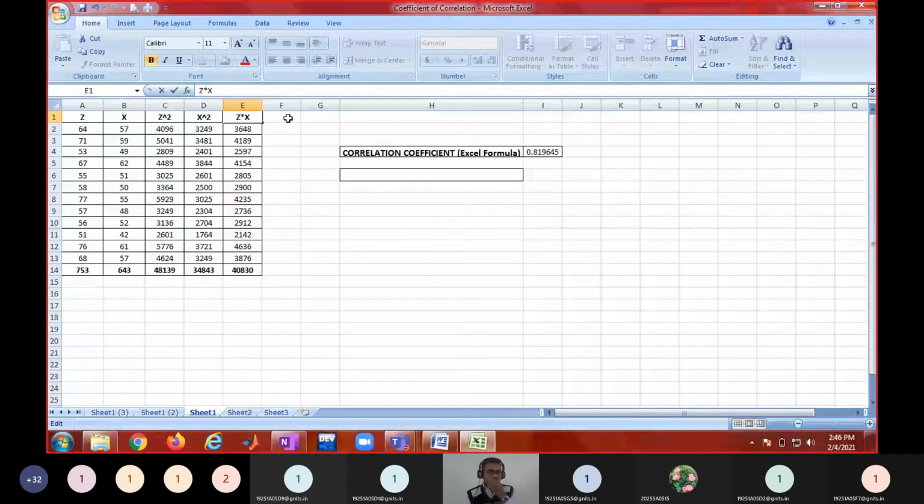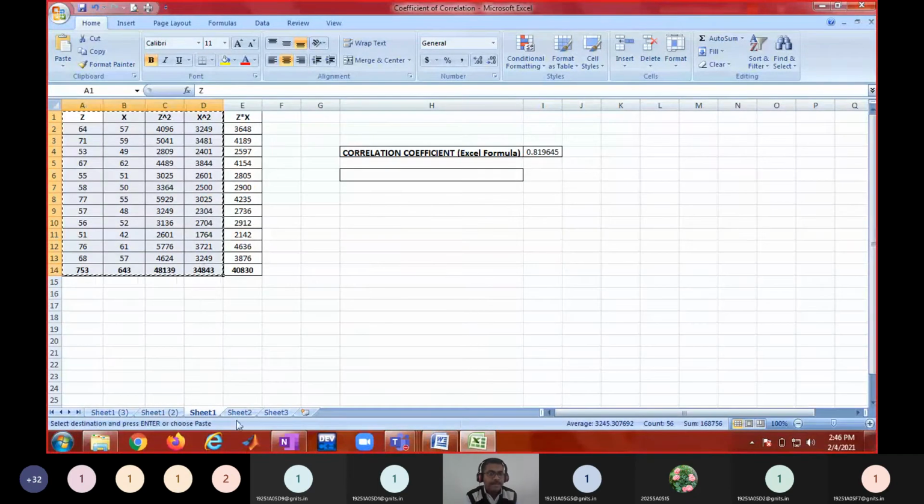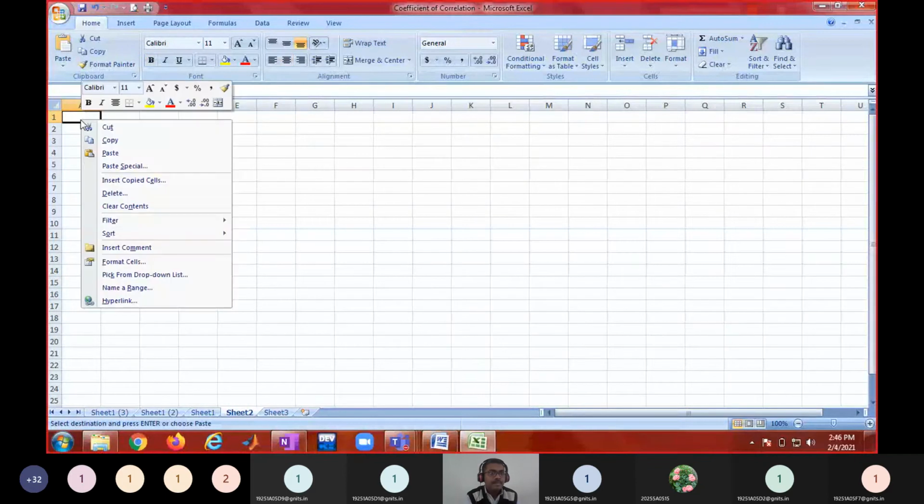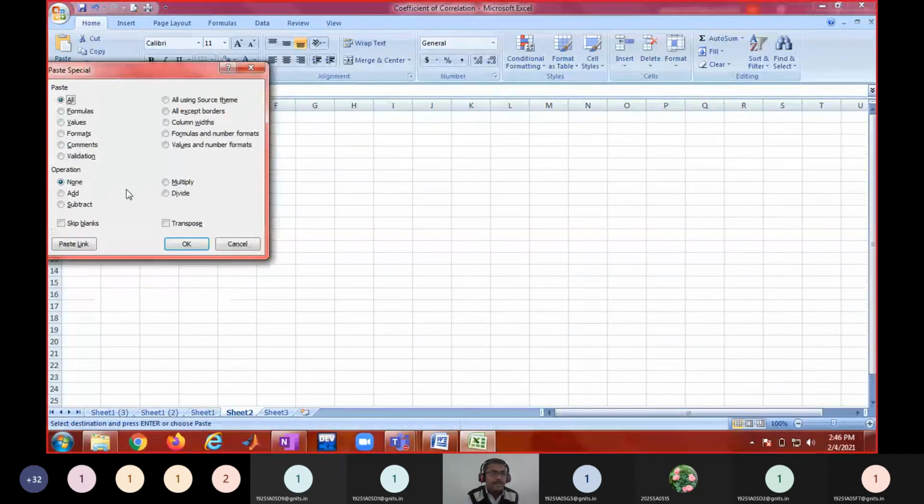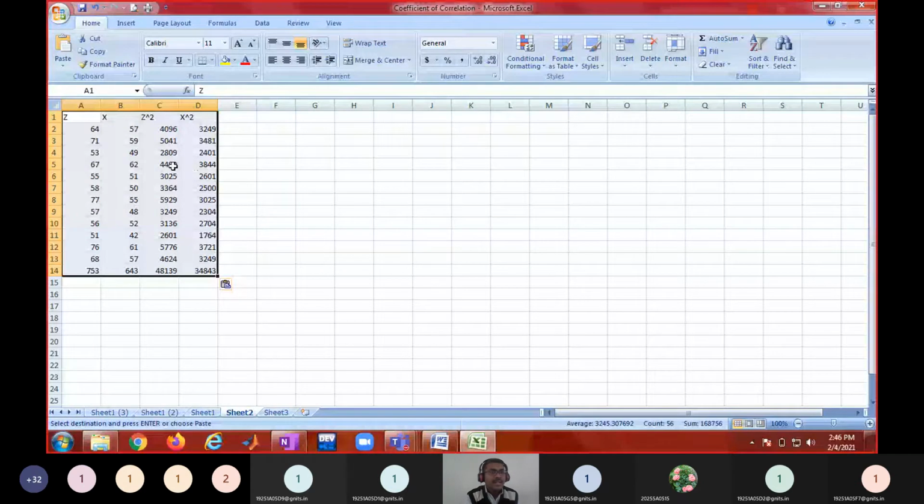Okay. So what you do, you prepare columns like this. Z x, it is there, no? So you copy and paste here. Paste special. Okay. So what else do we require? Zx, y also we require, right?